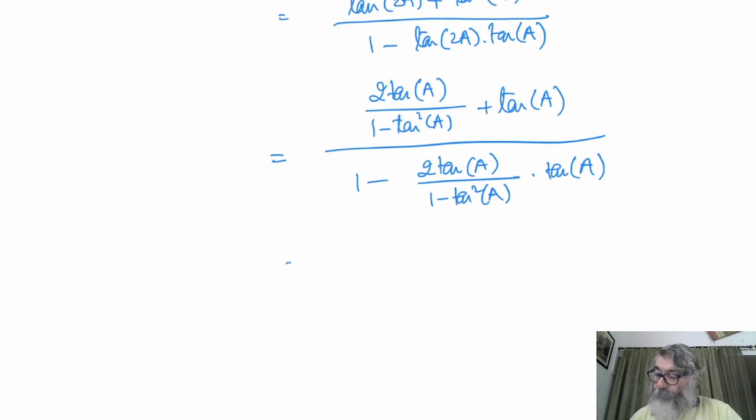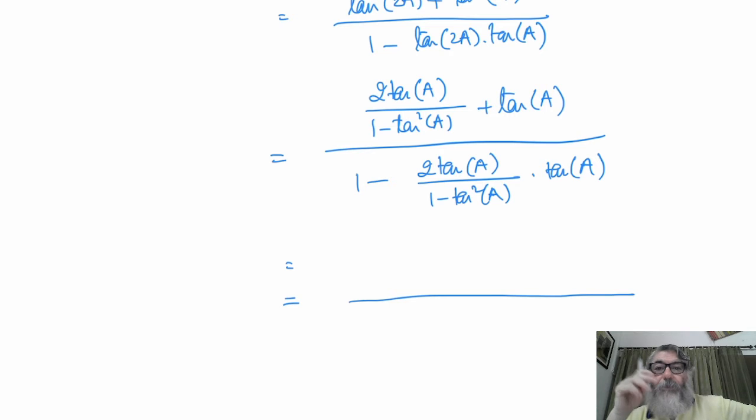So the LCM, whether numerator or denominator, will be the same: 1 minus tan square A in both, and they will cancel each other. So I'm not going to write the LCM 1 minus tan square A.